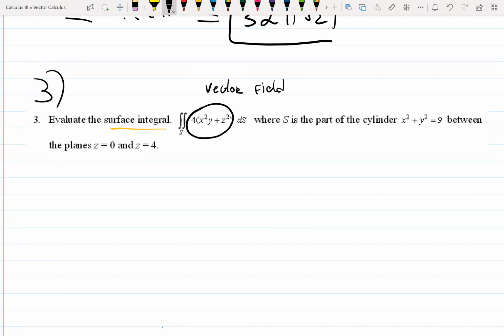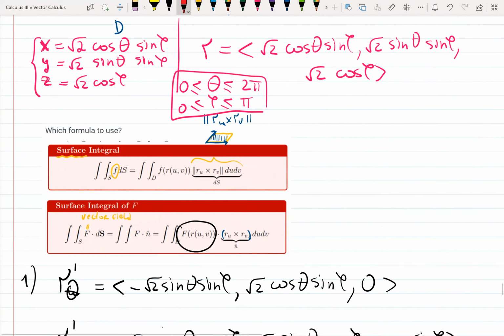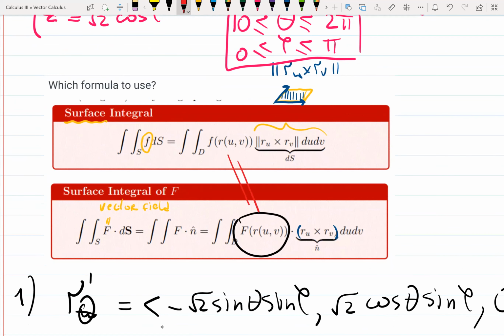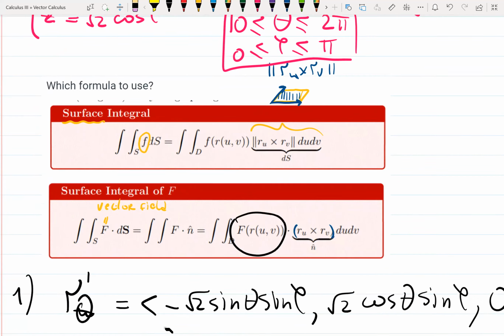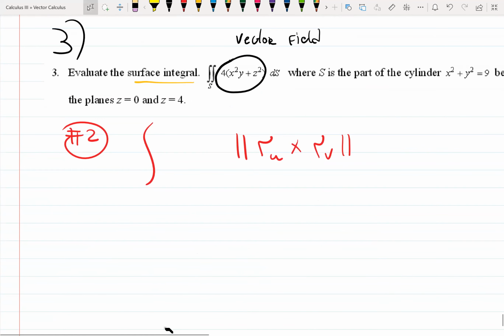Formula number 1 is kind of the same thing, but you now have the magnitude of r_u cross r_v, which is this beautiful formula in the red box. F has to be rewritten just like last time, but now it's small f, in terms of r, and the tail of the integral is now a magnitude, du dv. f rewritten, dot product, du dv.